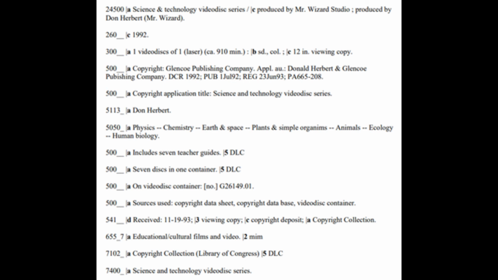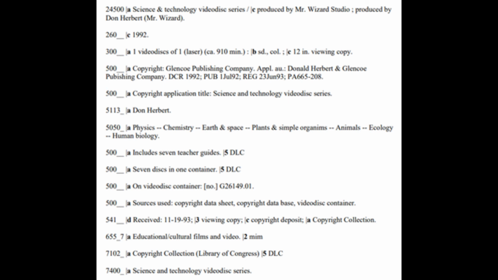Then another information, general notes that you may wish your users or researchers want to know. You have there: includes 7 teachers' guides, 7 discs in one container. On video disc container number, there's an information there. Then sources used: copyright data sheet, copyright database, video disc container. Okay, so in 541, received information about how you retrieve this information.